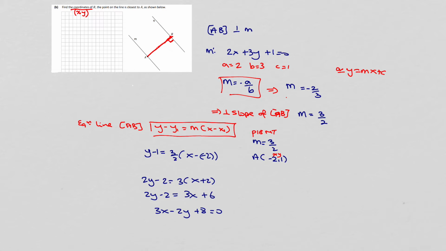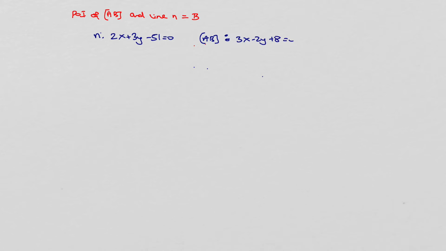Now what I need to do is find the point of intersection of AB and the line N, and that will equal the point B. N we said was 2x plus 3y minus 51 equals 0, and the perpendicular line AB we said was 3x minus 2y plus 8 equals 0.